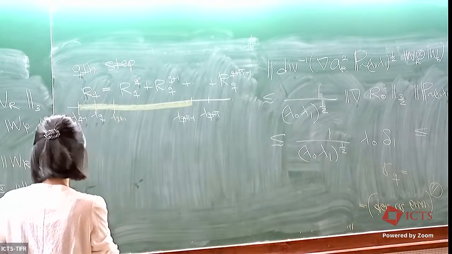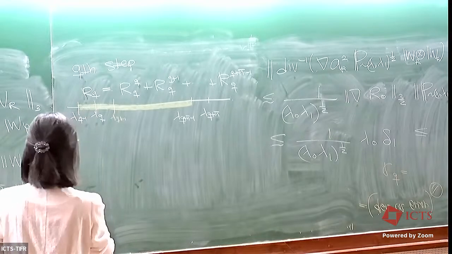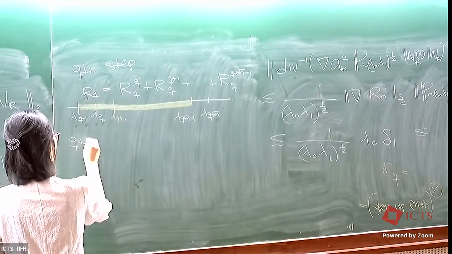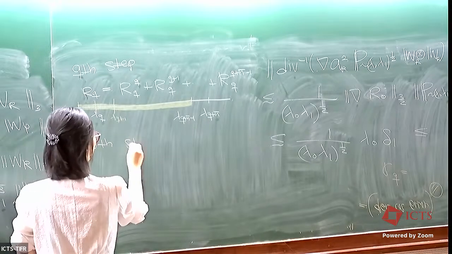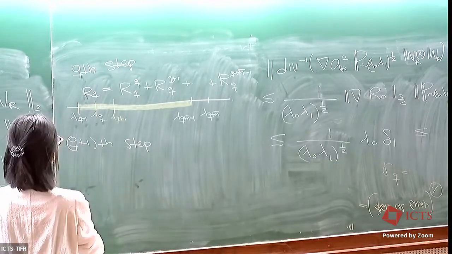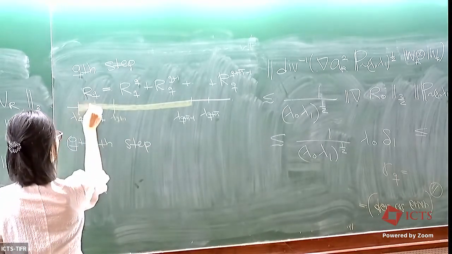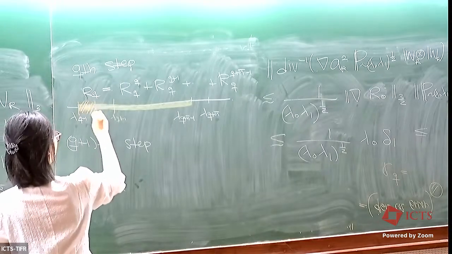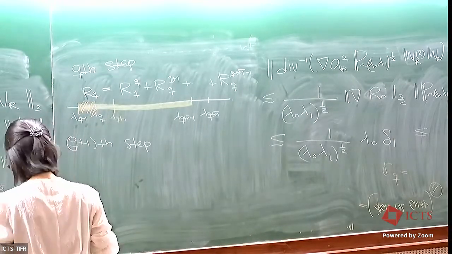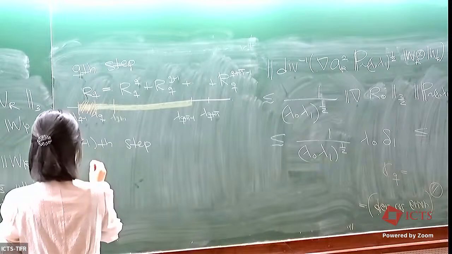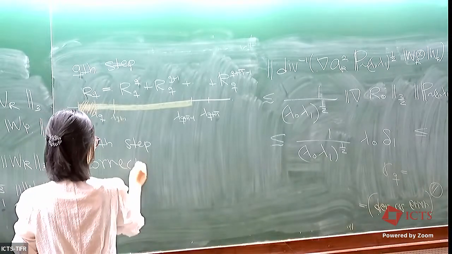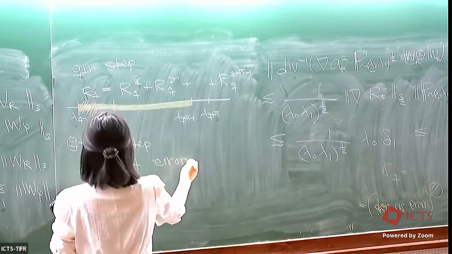And then, as I described, what's happening at step Q plus 1 is the following. You correct the error which has the minimum frequency, so this one, by adding perturbation. So let me correct the error.